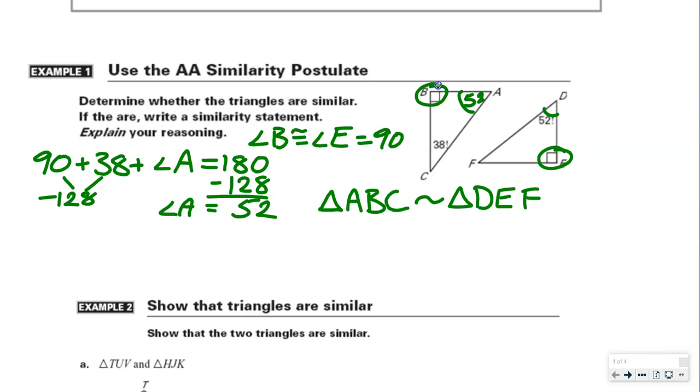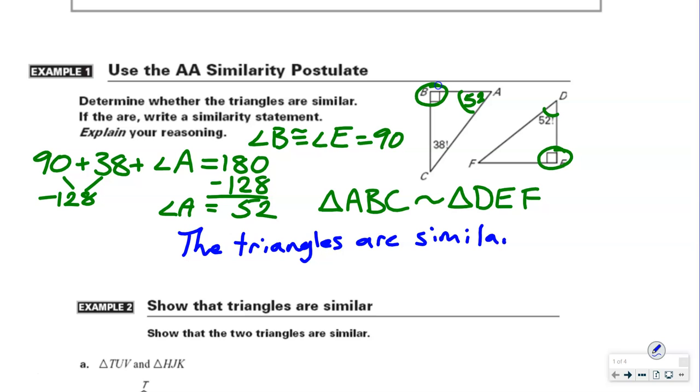And then we explain our reasoning: the triangles are similar due to AA, due to the angle-angle postulate.